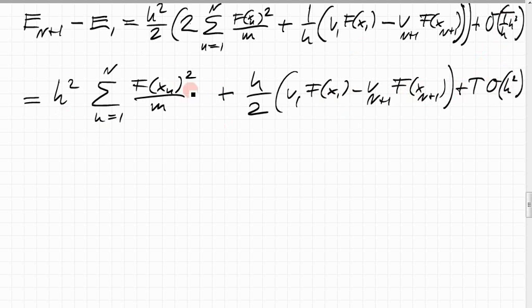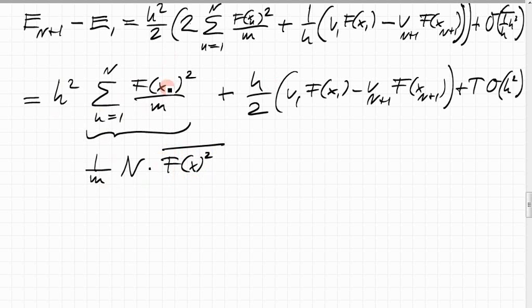What's the meaning of that first term here? You're summing forces squared over m. That's something like 1 over m times the number of terms we are summing times the average of the square of the force, the temporal average. That's the same. You sum the square of all forces.